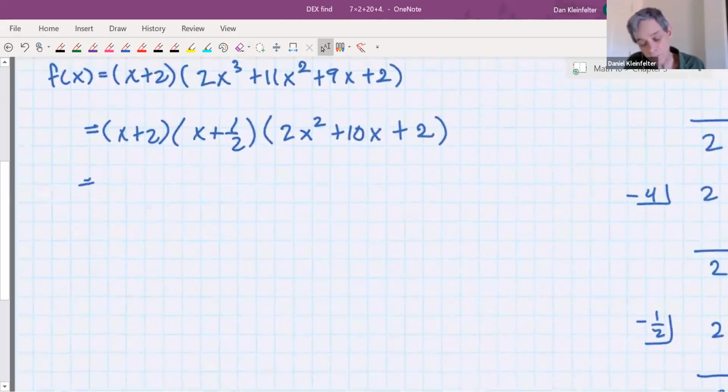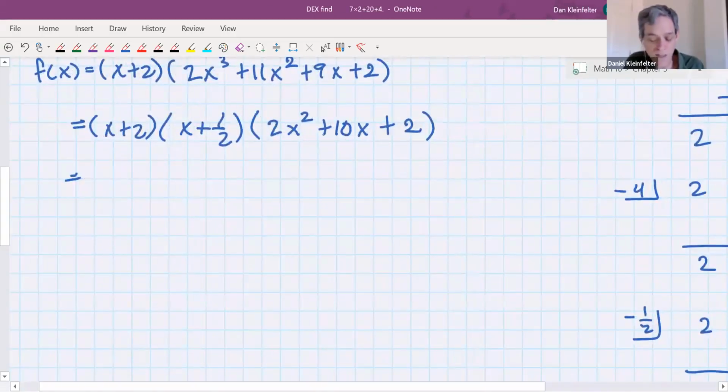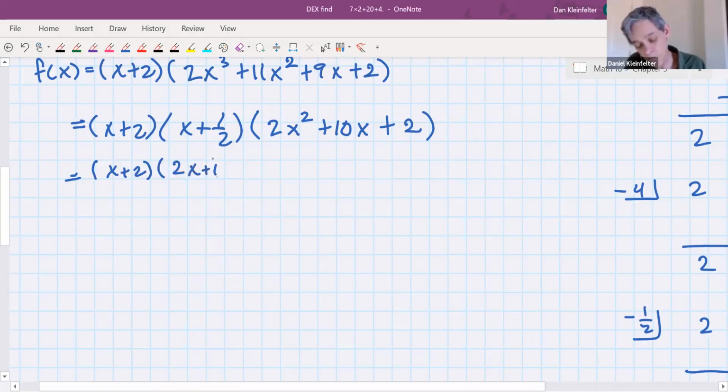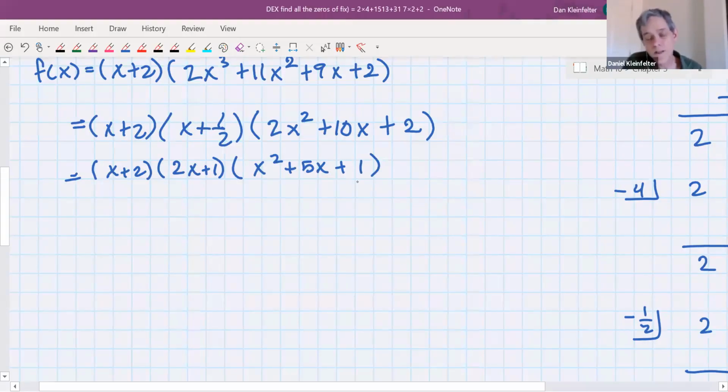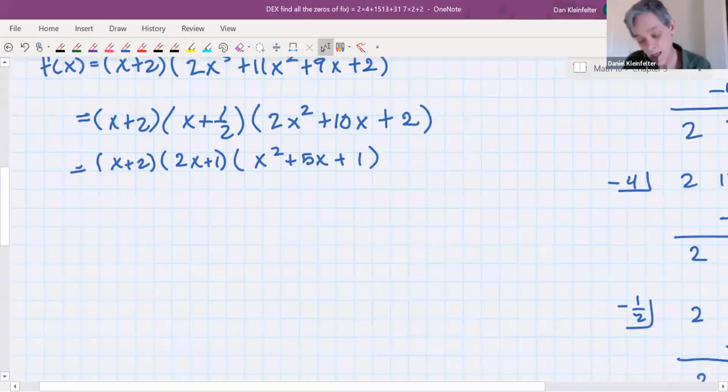And then I'm going to factor out a common factor of 2 from this quadratic and distribute it into the second of the binomials. So this will be x plus 2, 2x plus 1, x squared plus 5x plus 1. All right, and the reason for doing that is, for one, to make it so that we have just the integer here instead of having a half, and then also to lower the coefficients on that trinomial that we have.